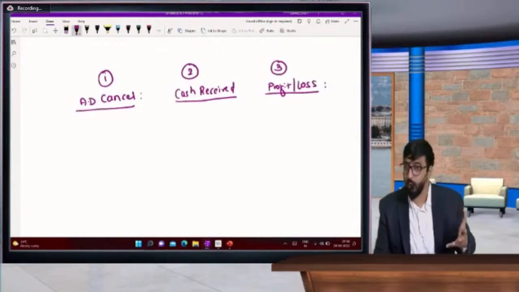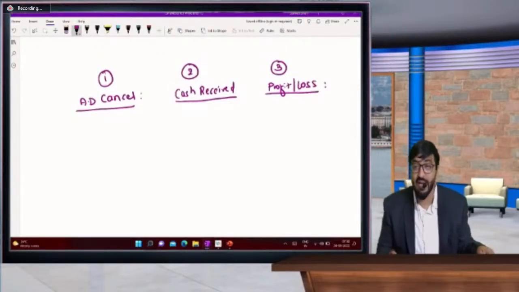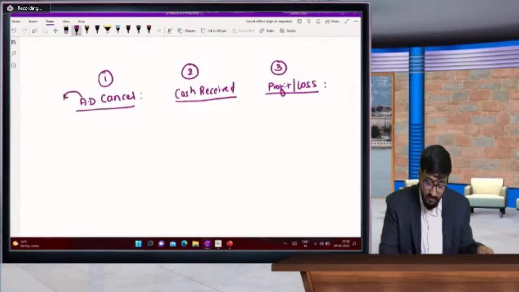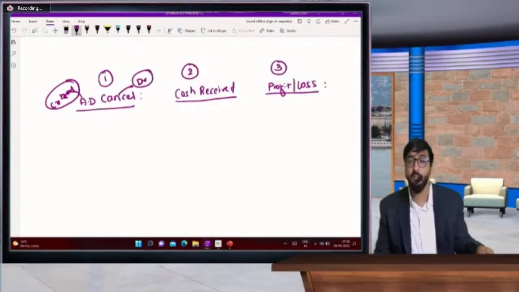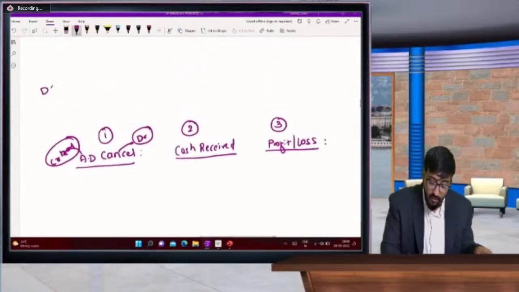So you have to pass 3 entries, and in next problems also you may have this adjustment. First entry, AD cancel. So think logically. AD has a credit balance, and cancel means you will give debit. Normally year after year you are passing depreciation as your loss, so the depreciation account is open every year.